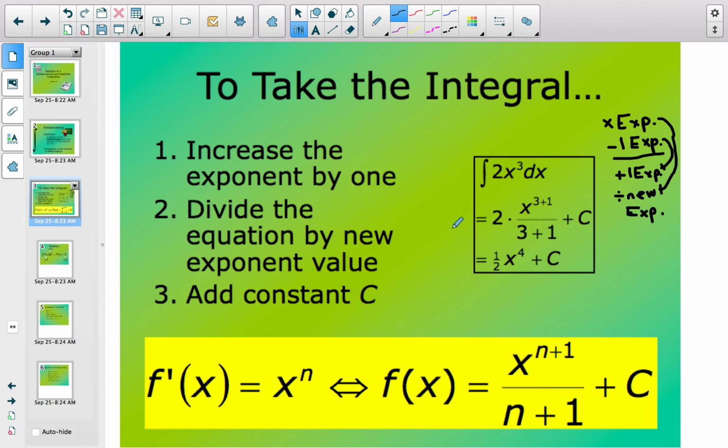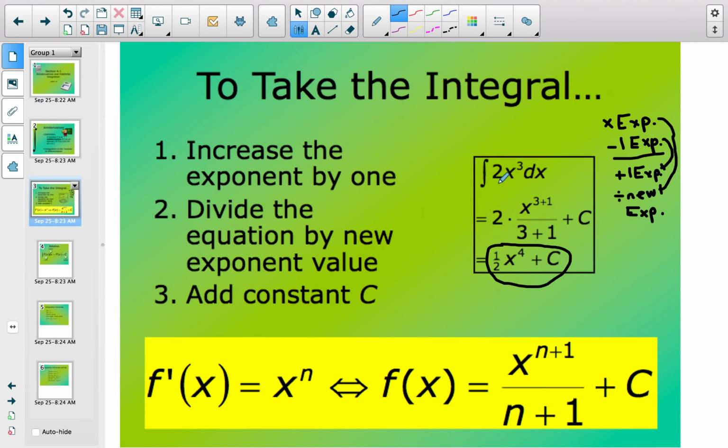So your antiderivative basically is going to be a function, or better yet, a set of functions, such that when you take the derivative of them, it gets you back to your original. So the derivative of 1/2 x to the 4th is 2x to the 3rd, but there's a lot of functions that when you take the derivative of them give you 2x to the 3rd.